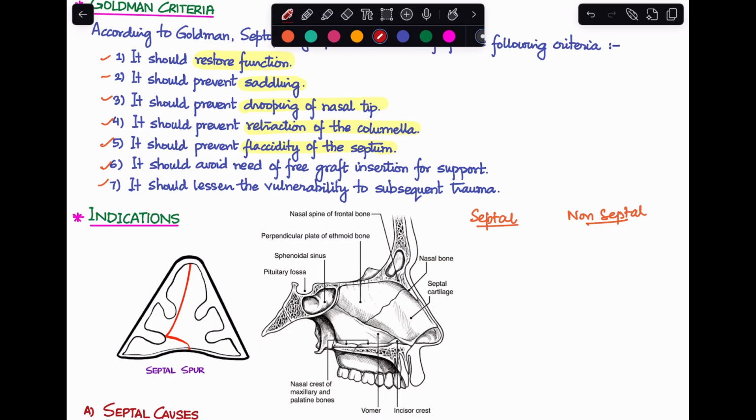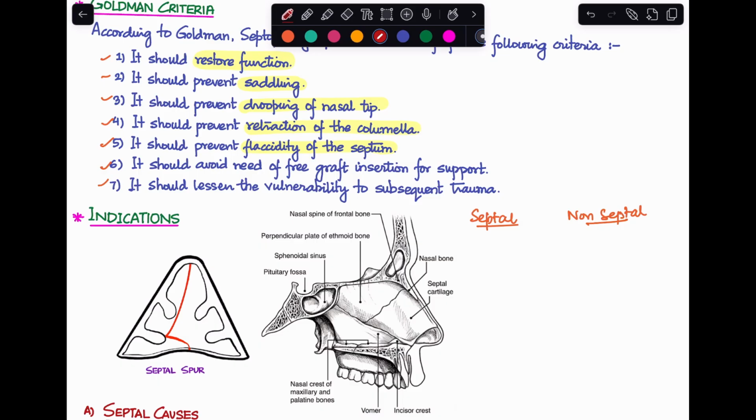So, any patient who comes to you with a deviated nasal septum, you do not just perform surgery, because if you notice, about more than 50% of normal individuals will have a deviated septum, but they'll not have any symptoms. So, any patient with DNS is not an indication for septoplasty.